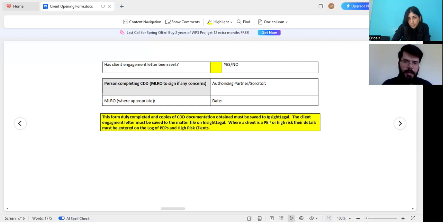Authorizing partner, solicitor. Now, again, as I said, you would need to sign off if the structure of the firm is that you're the main fee earner. You're signing off a document saying that I've checked everything and everything's fine, you sign it off, and then it goes to the authorized person or the authorizing partner.